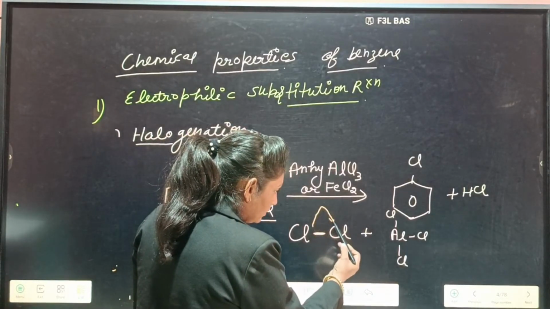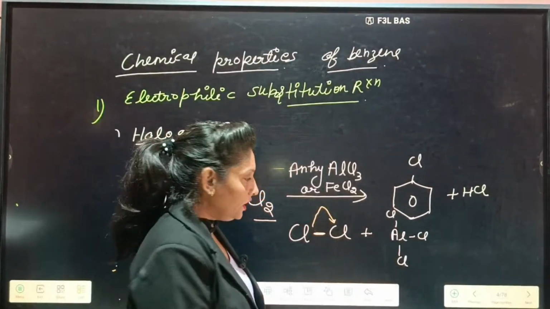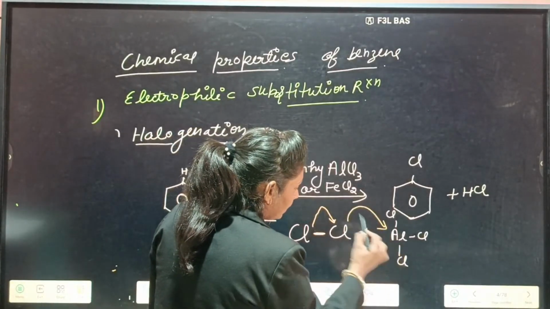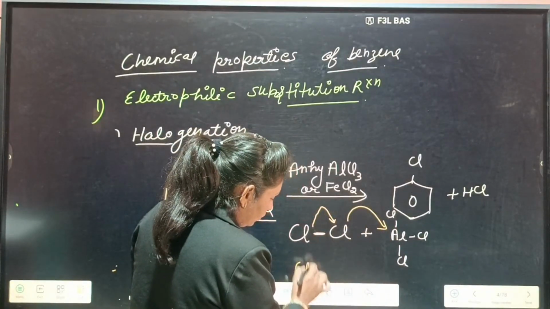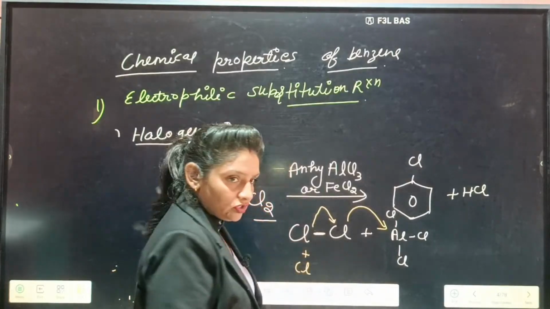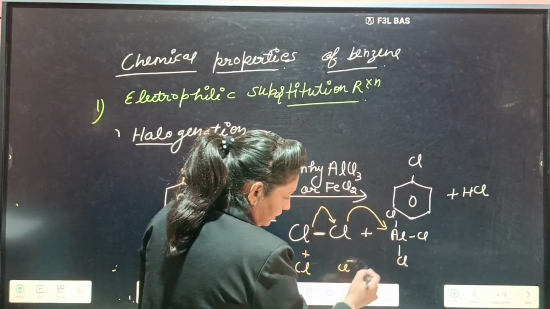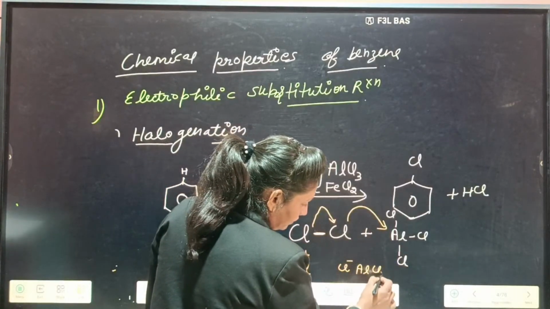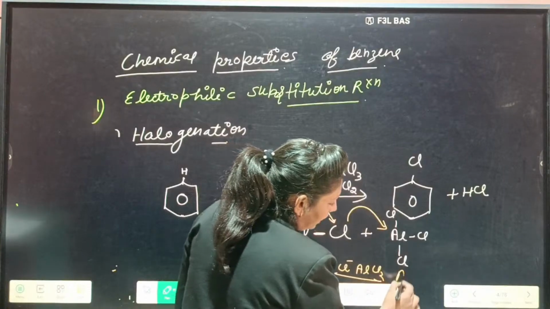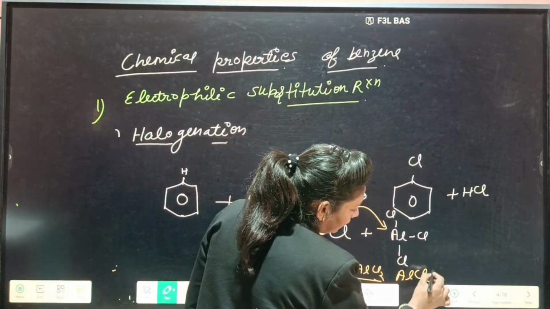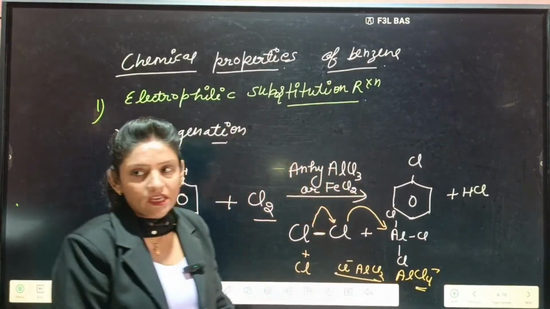Then what will happen? It will attract these towards itself. If it attracts, then this chlorine loses its electron, so Cl positive, and this Cl negative, and with AlCl3 it means formation of AlCl4 negative takes place. Yes or not?